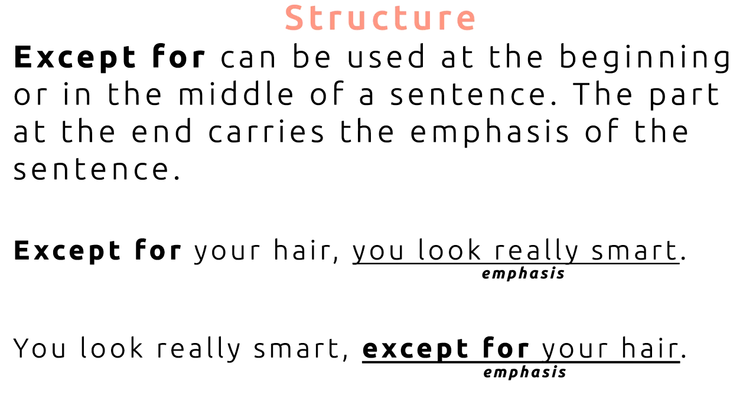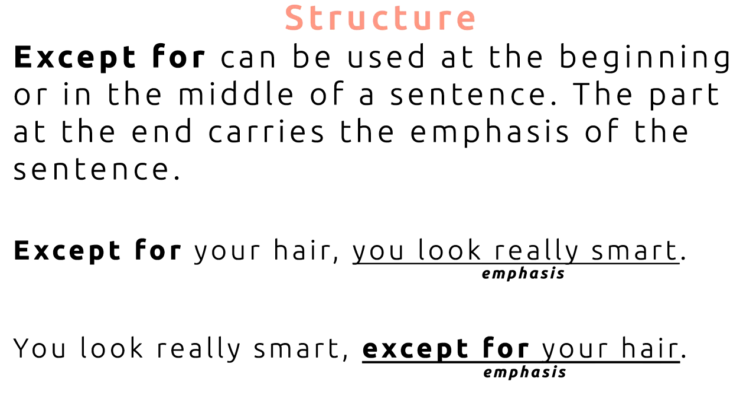Have a look at the first example. Except for your hair, you look really smart. So as you can see, the emphasis is on the second clause. You look really smart. We're trying to say, even though your hair looks a bit messy, you look really smart.